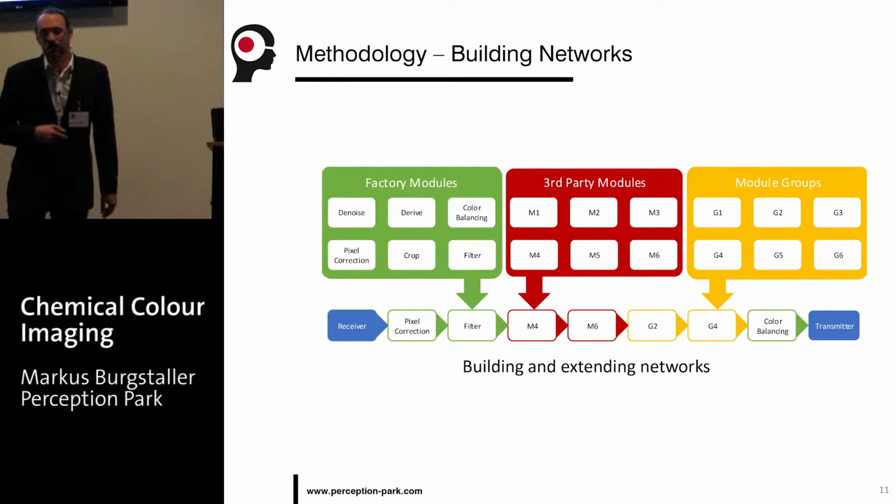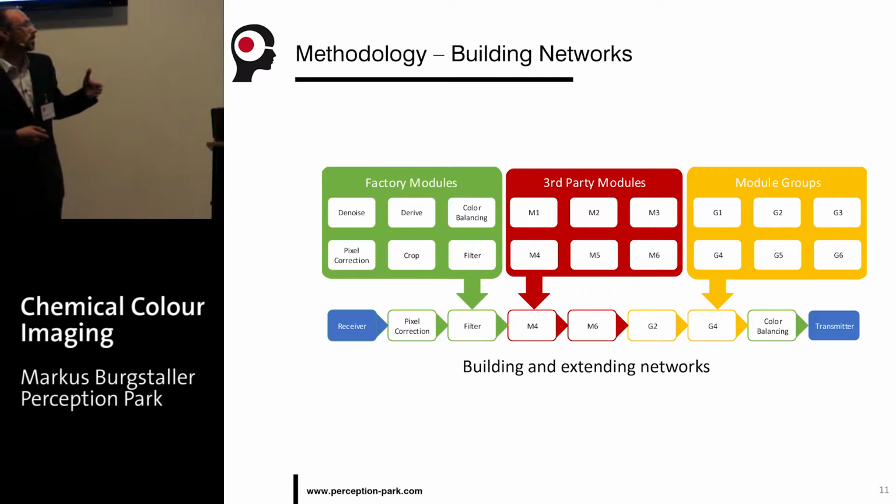By building up a graph, a sequential combination of different blocks, we can get the complete functionality needed. You can see there are factory modules, third-party modules, and module groups.